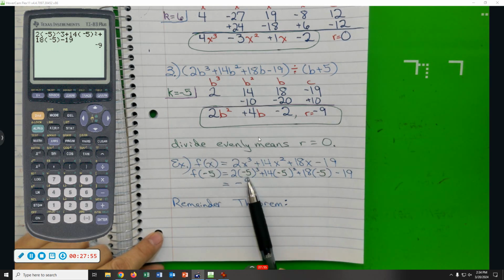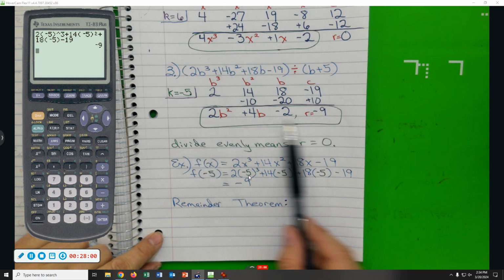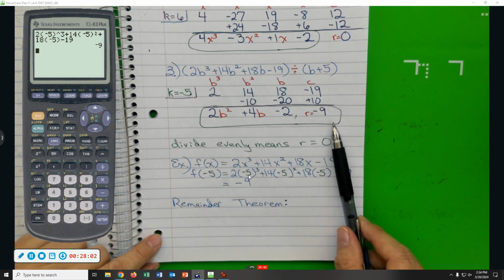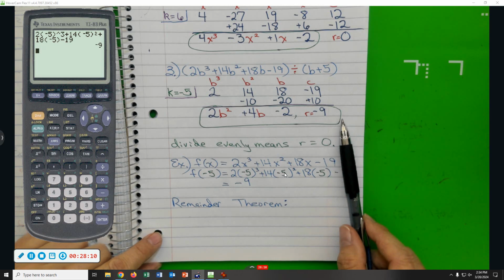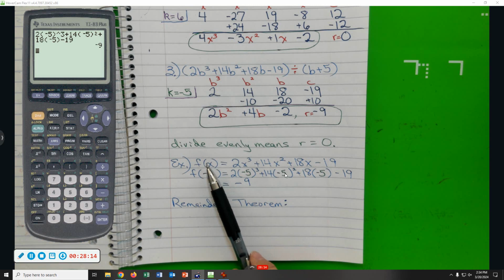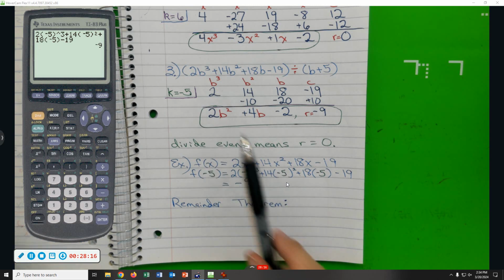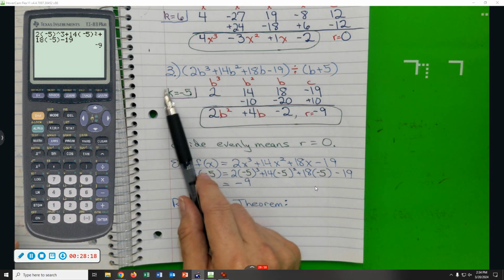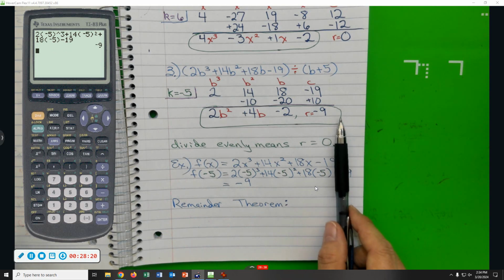Down here, we have to start off with these exponents. -5 cubed is -125, times 2 is -250. Then -5 squared would be 25, times 14. Do we have any exponentiation in this synthetic division tableau?